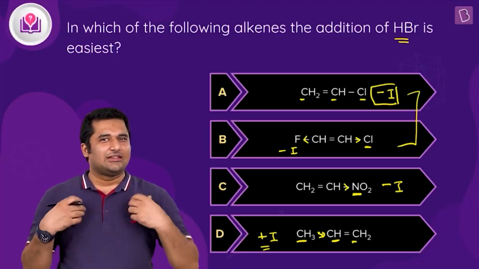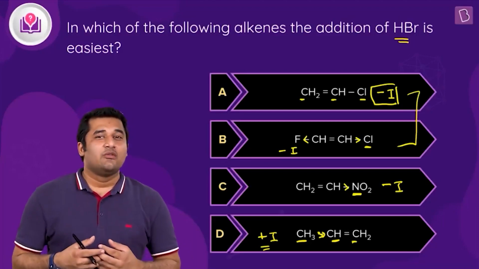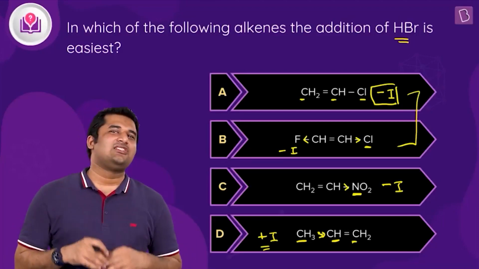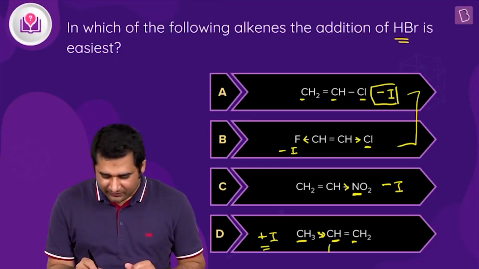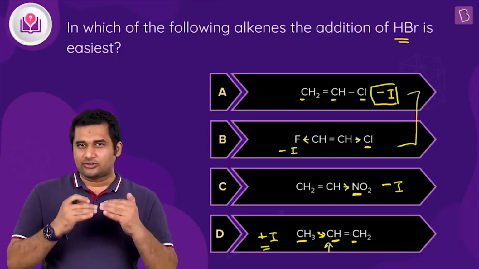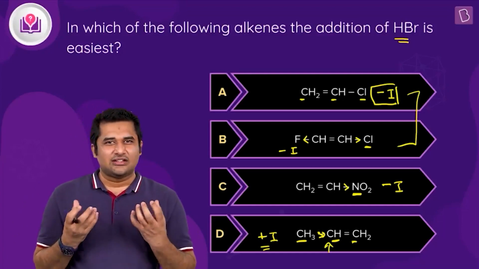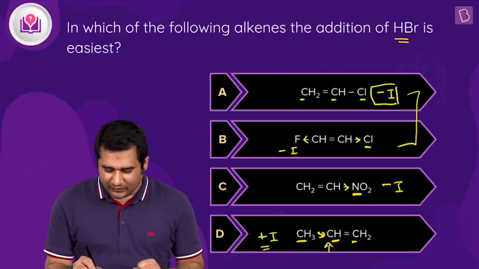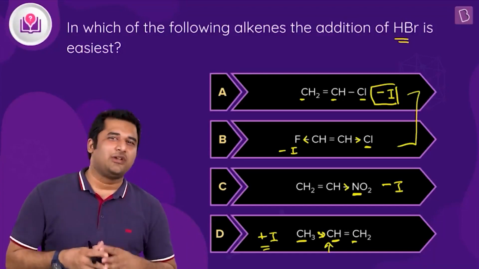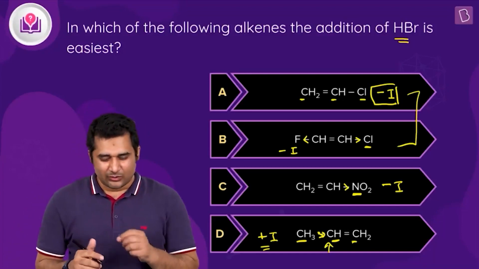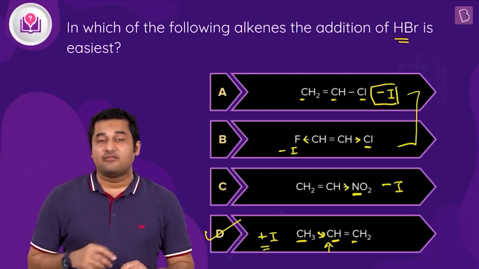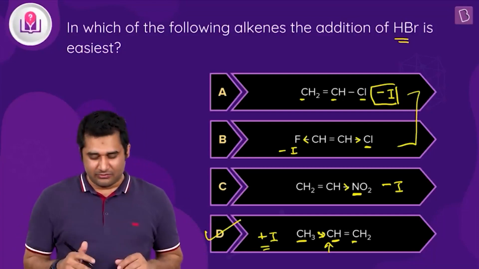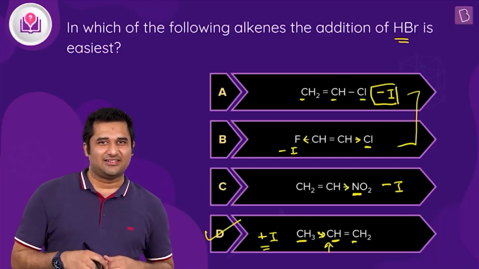Or simply you can say the development of negative charge will lower the percentage s character of this carbon, which means the electronegativity will also get lowered, and hence the carbon will not attract the pi electron cloud that strongly, so it will easily break and participate in the reaction with HBr. So one thing is very clear, the easiest attack will be in case of option D. Why? Because we have an electron donating group present here.